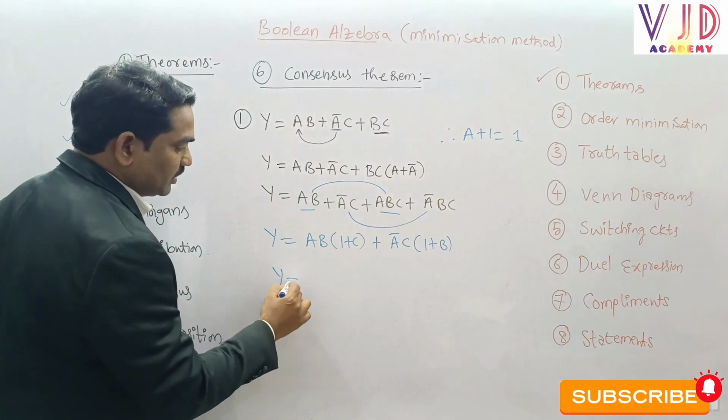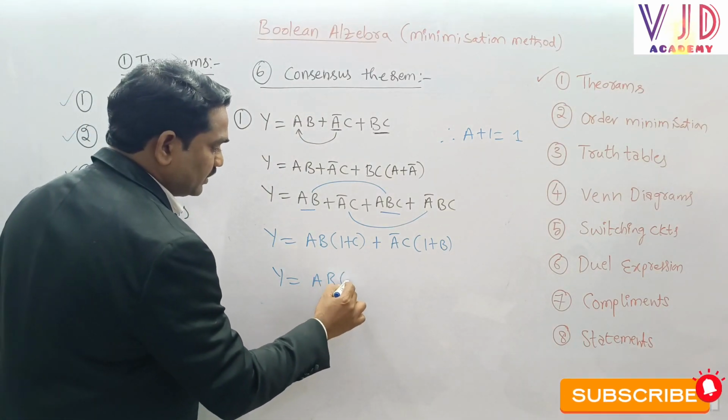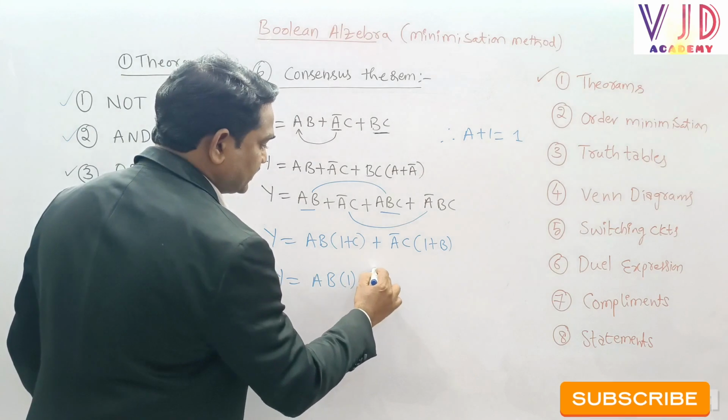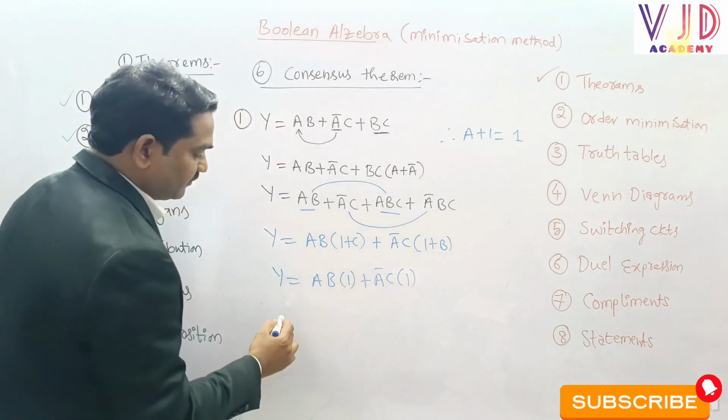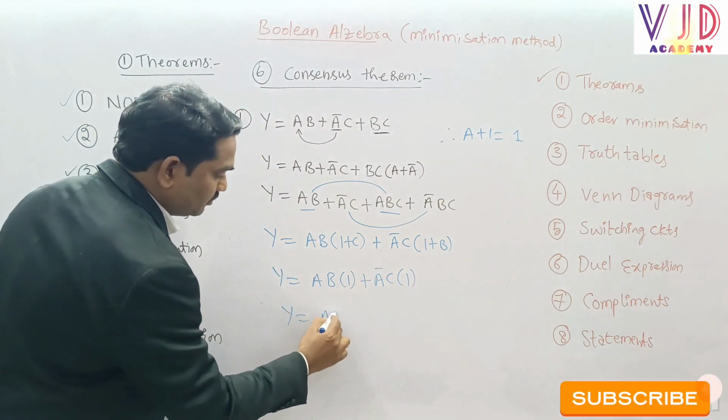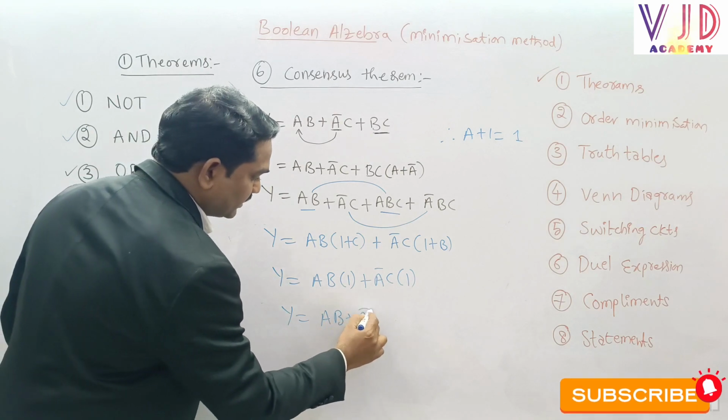Now y equal to AB into 1 plus A bar C into 1. Now the final output will be y equal to AB plus A bar C.